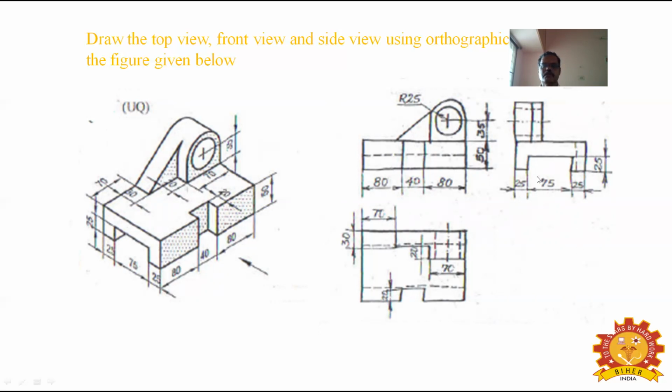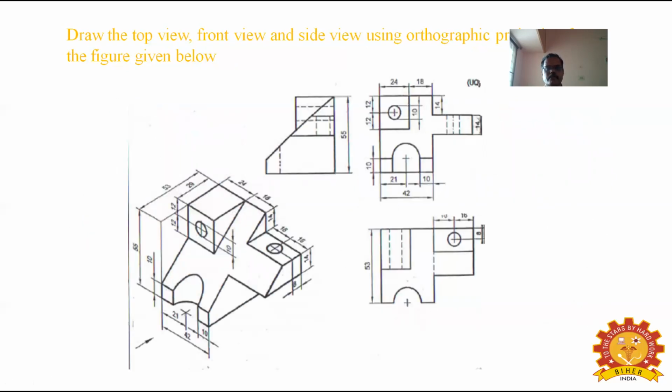See here also you have to mark 25, 75, 25. The slot height is given as 25 mm. And we have to write headings: top view, front view, and side view. Okay. So this is how we have to draw the drawings in orthographic projections.